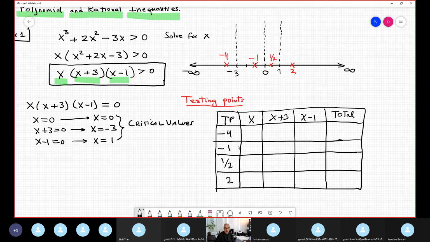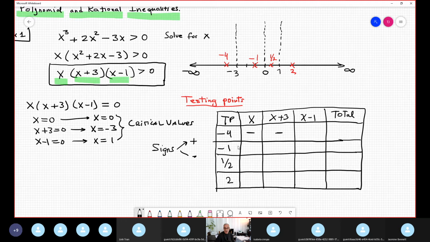Now plug in where? Plug in what value where and what expression? You plug in -4 in each expression one by one. But I don't want the numerical value. I want the sign. The only information in the inequality is signs. Sign, we have two possibilities, no? Plus or minus. So -4 here is obviously negative. -4 plus 3 is negative.